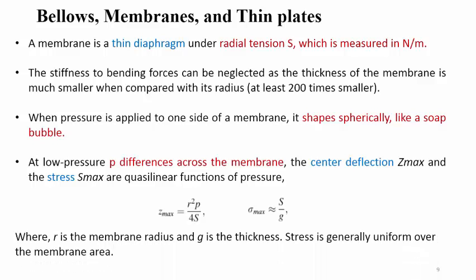So we can write Gmax equal to r squared P by 4S, and sigma max nearly equal to S by g, where r is the membrane radius and g is the thickness. The stress is generally uniform over the membrane area.